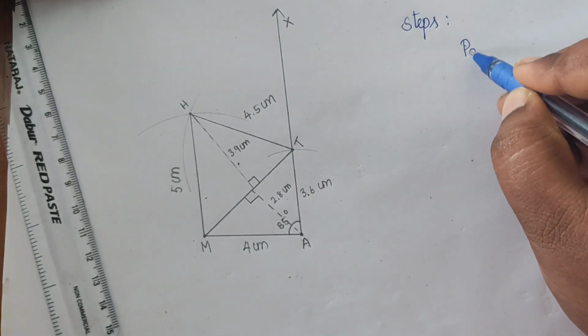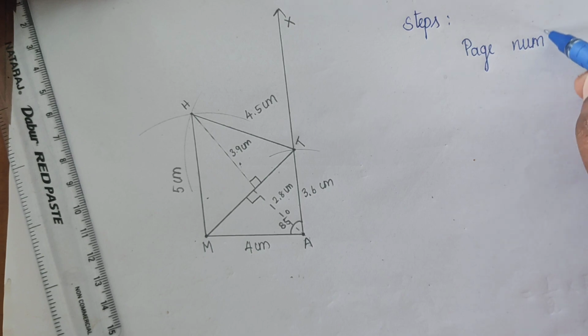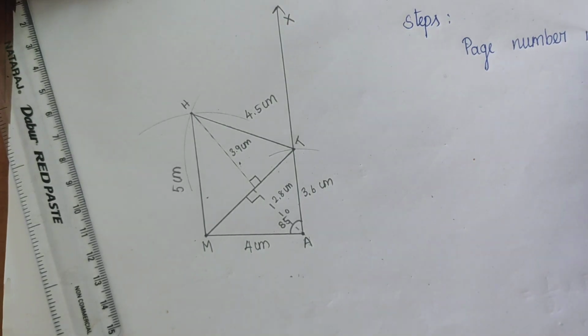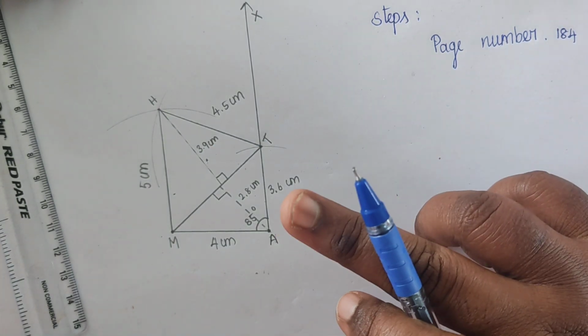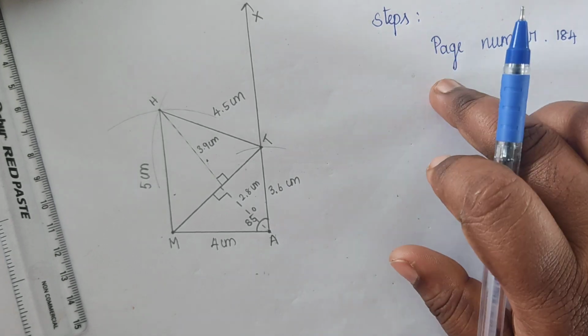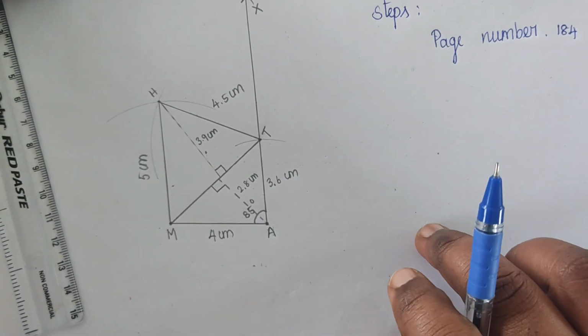Page number 184. Six steps. First we draw a diagram, and next we write steps, and next the calculations of area.